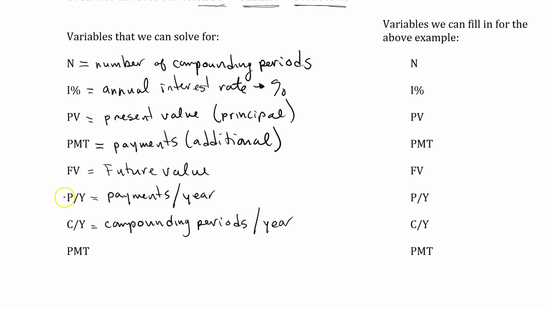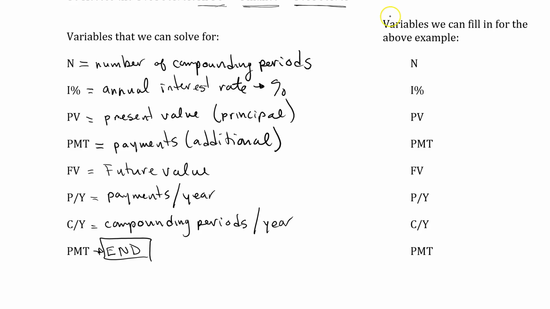For all intents and purposes, these two things should be the same. And then PMT here defaults to end. That means that we are getting paid out for our interest at the end of the payments. You can choose beginning or end, but let's just keep it at the end.